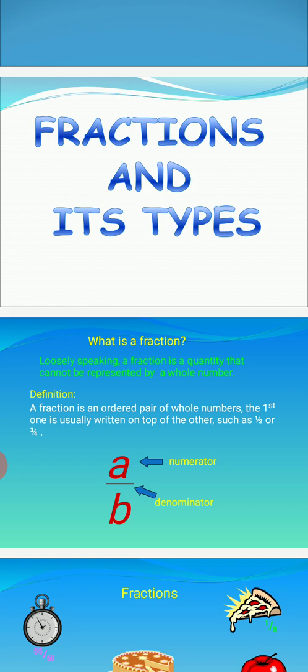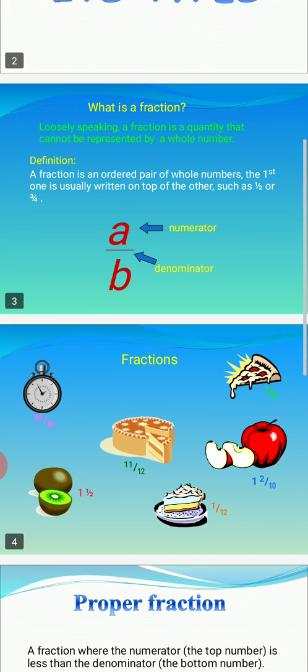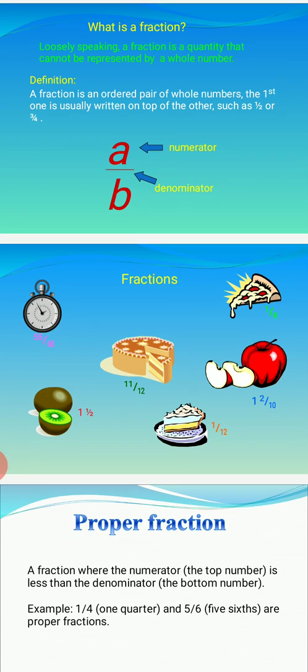So a fraction is a upon b, meaning numerator upon denominator. The top number is called the numerator, and the bottom number is called the denominator.